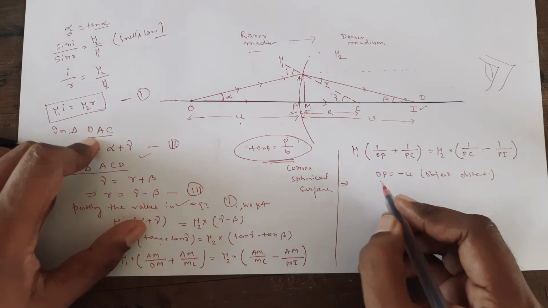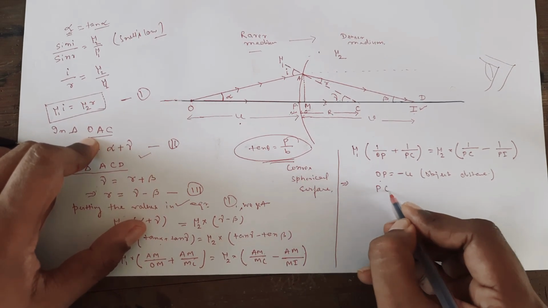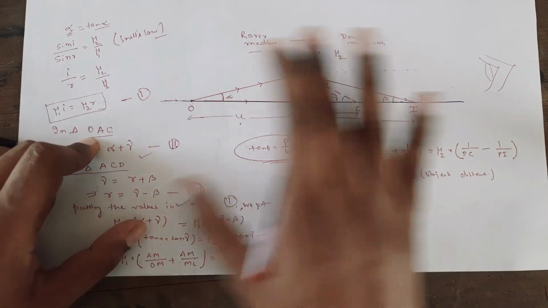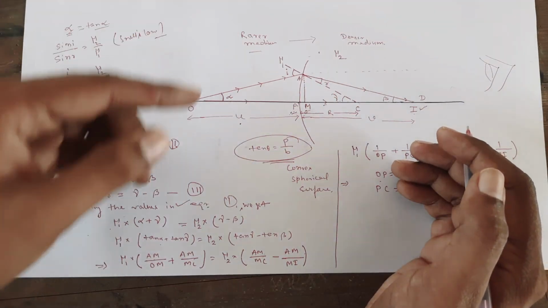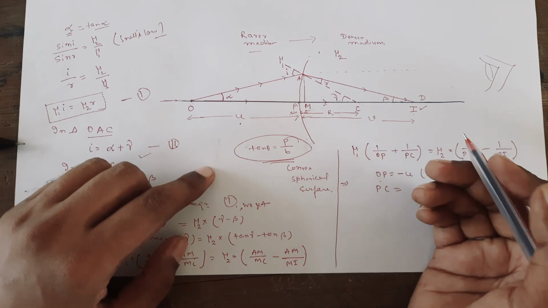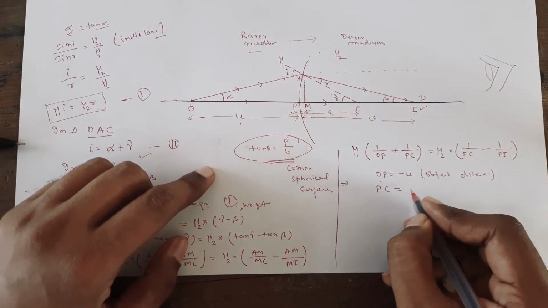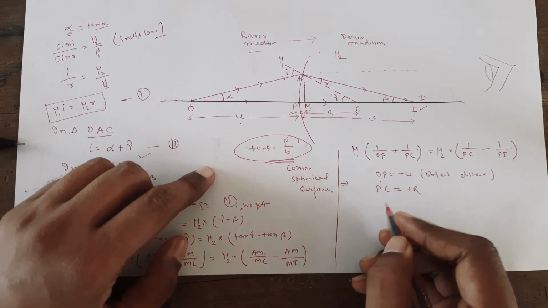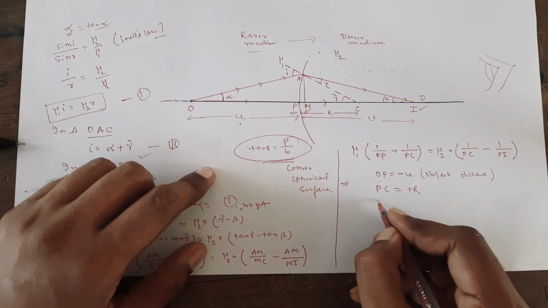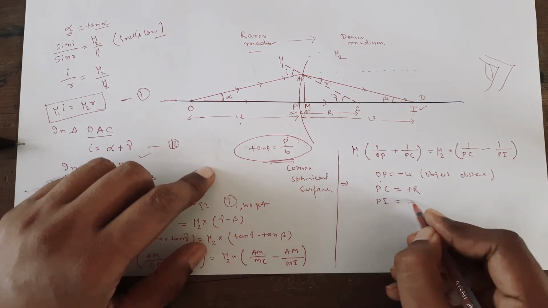Similarly, what will be the value of PC? PC is in the same direction as the original incoming direction, so PC will be simply plus R, and similarly PI will be plus v.